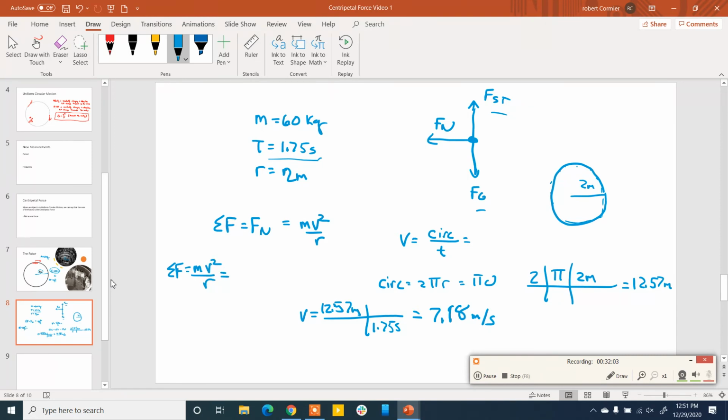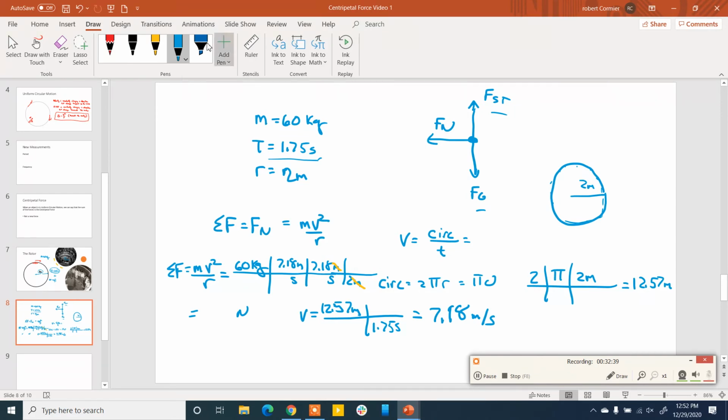There's things I could figure out. 60 kilograms times 7.18 meters per second times 7.18 meters per second divided by a radius of 2 meters. Now look at the units. I'm going to be left with kilograms meter per second squared, which is the same as a newton.